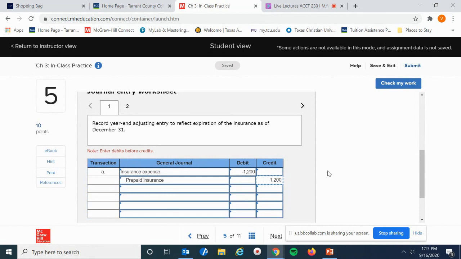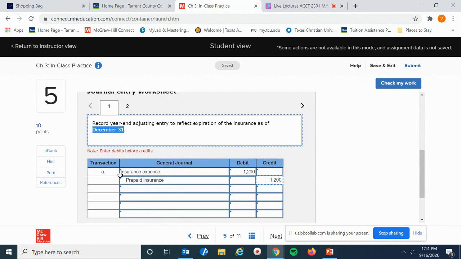Okay, let's talk about this adjusting journal entry. I called it a deferral because this adjusting journal entry deals with prepaid expenses. This deferral happens at December 31st. So adjusting journal entries will only be prepared on the very last day of the period.